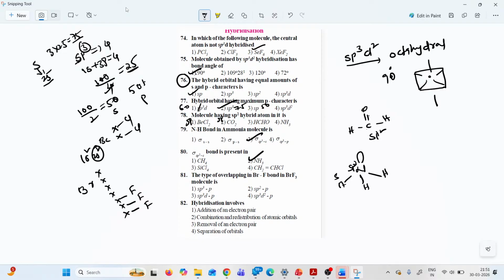Then how many electrons remain? With 3 sigma bonds and 2 lone pairs, that makes 5, and 5 means sp3d hybridization. So the overlapping is sp3d-p. Hybridization involves redistribution of atomic orbitals. So option 2 will be the answer.